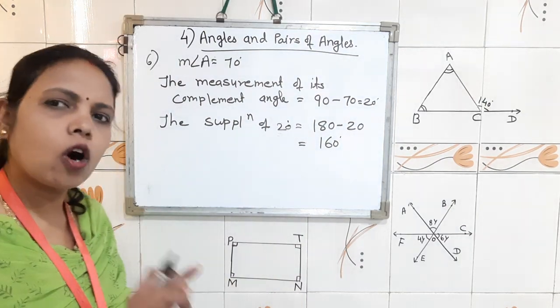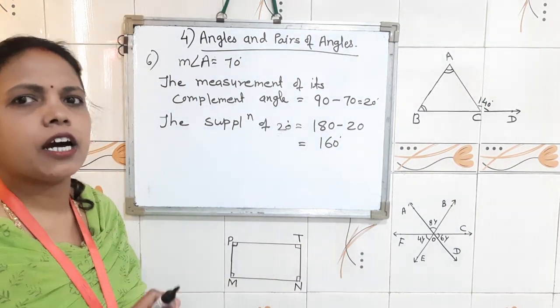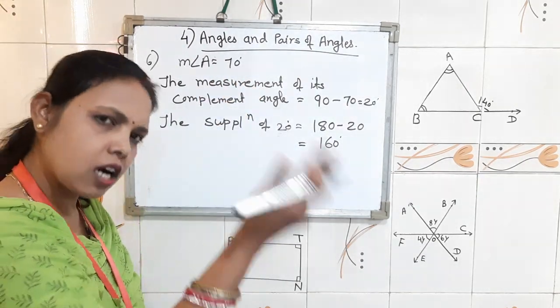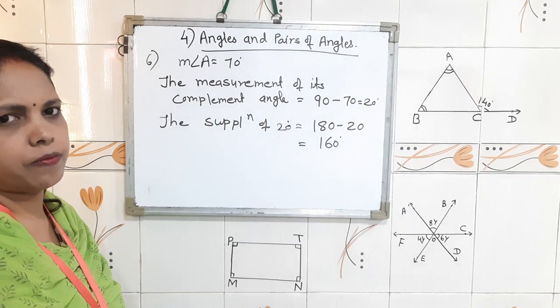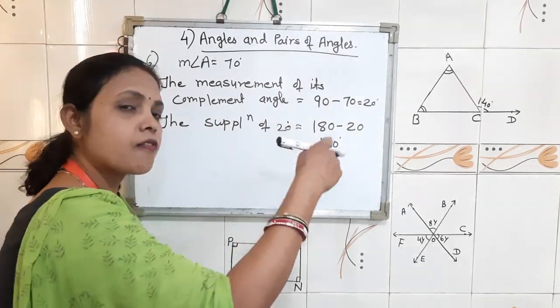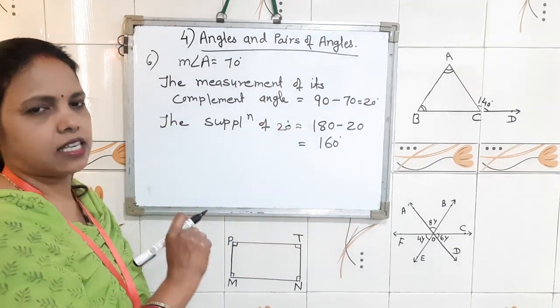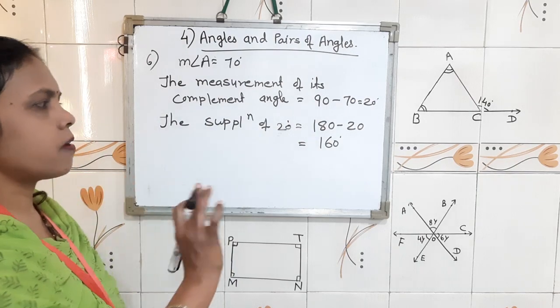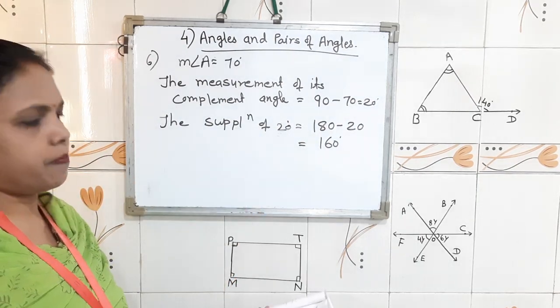I hope you all understood. Here one angle is given as 70 degrees, and it asks for the complement of the other angle. Next, it asks for the supplement of the complement, the 20 degree angle. That's why from 180 we subtracted 20 degrees and got 160 degrees.